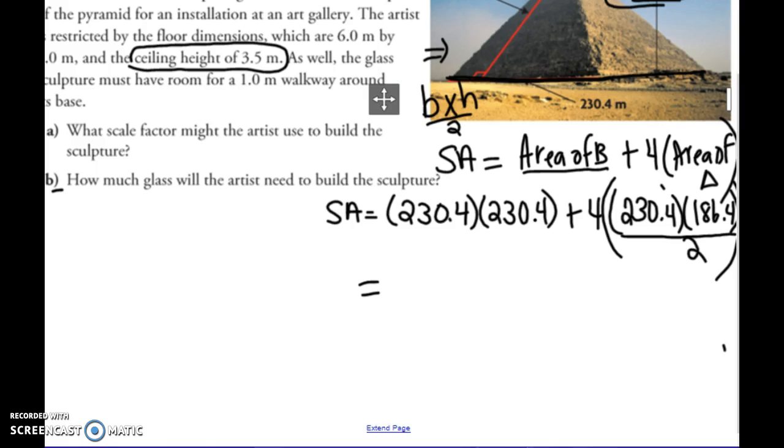So 230.4 times 186.4 divided by 2 times 4, and what we get, we will add to the base area, and we should end up with 38,604, and now we're talking meters squared. So the surface area of the sculpture is going to be 38.6 meters squared. So that's how much glass the artist will need.